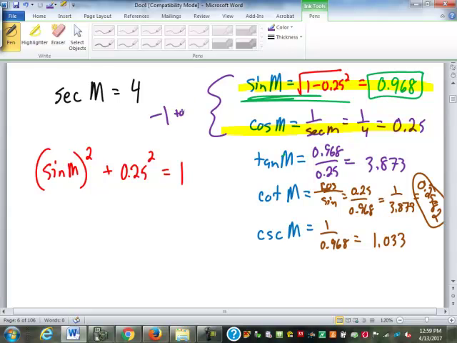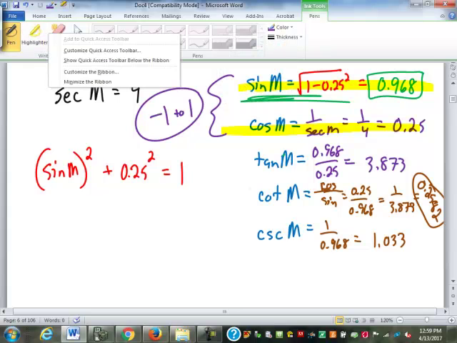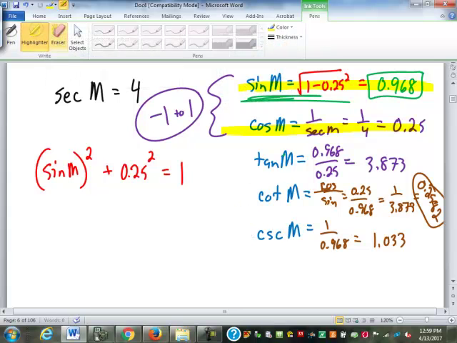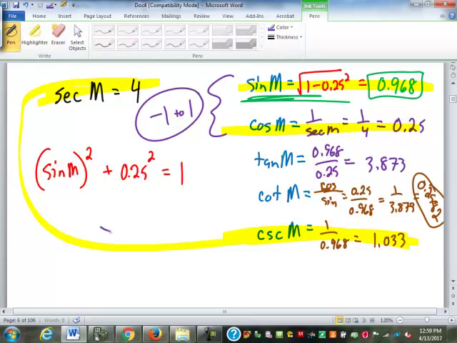While we're at it then, what do we know about the secant and the cosecant? Yeah, they must be either greater than 1 or less than -1. Right? Just the opposite of the sine and cosine. Tangent and cotangent can be whatever the heck they want to be.